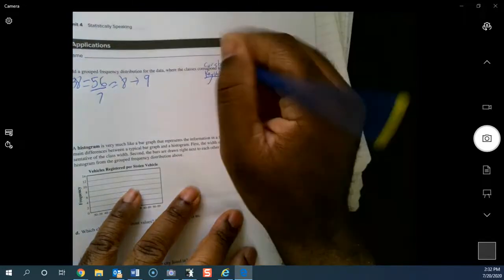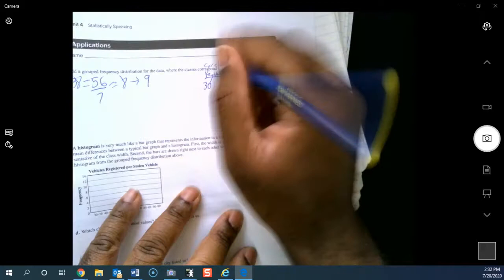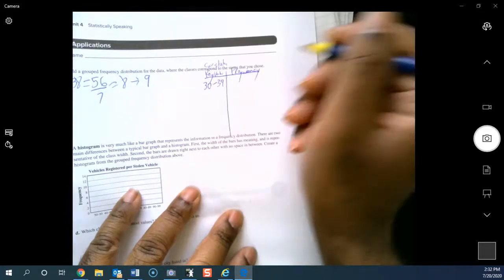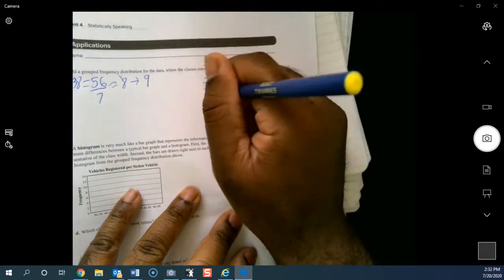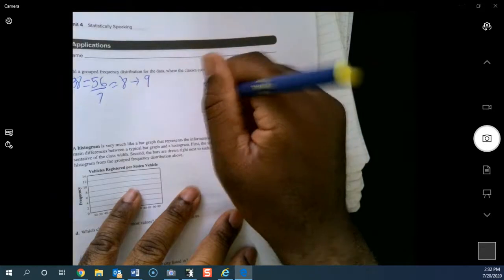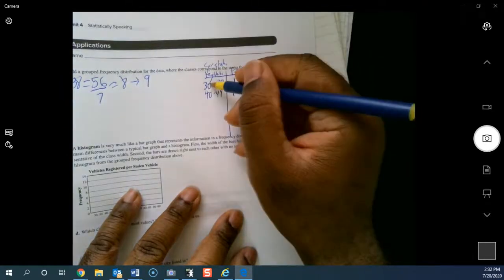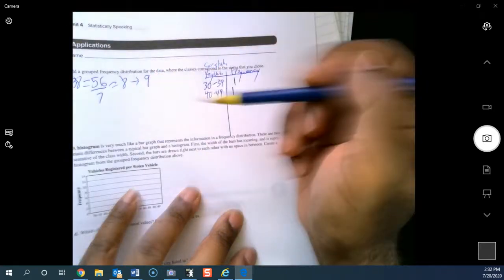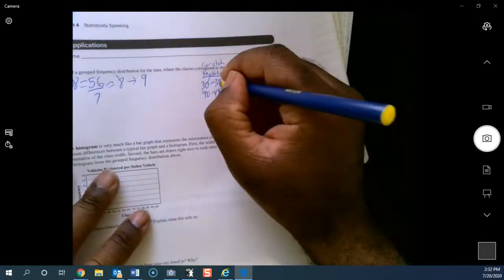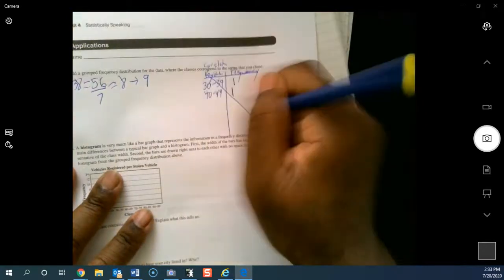All right, so we could start with 30. 30 to 39 would be 1. 40 to 49, which would be 1. Actually, hold on. Should be 30 to 38. Okay, let me redo this.